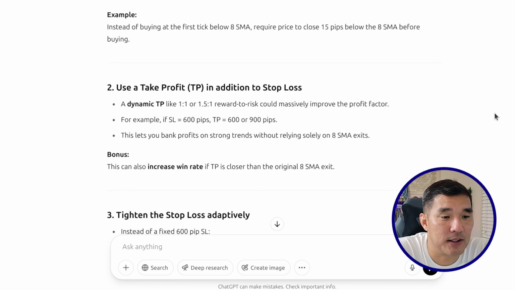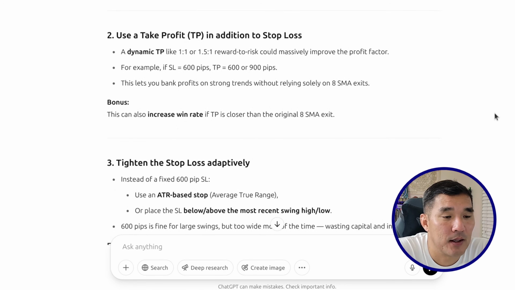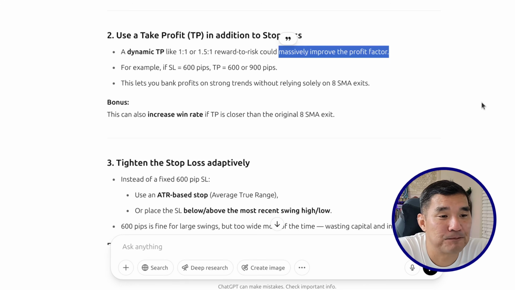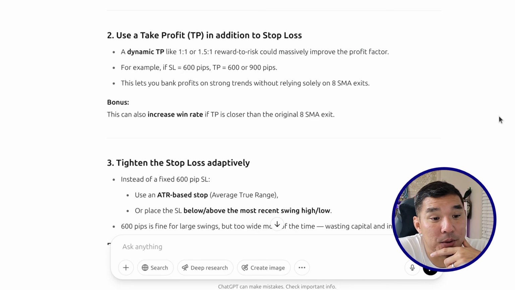Use a take profit in addition to a stop loss. A dynamic take profit would massively improve the profit factor. Okay, so for example, if 600 pips, you're looking for a 600 or 900 pip take profit. This can also increase the win rate.